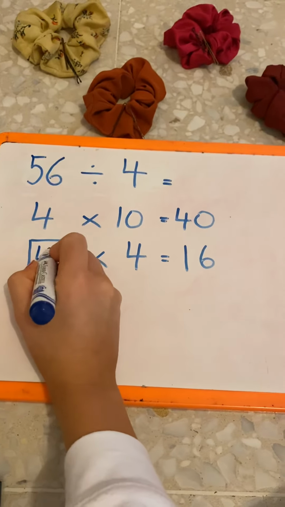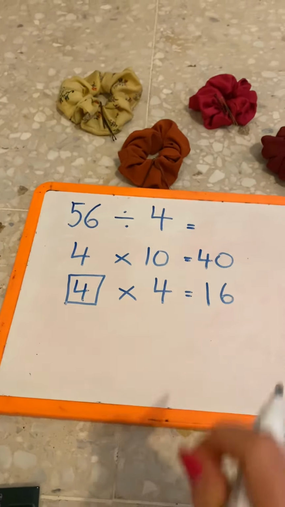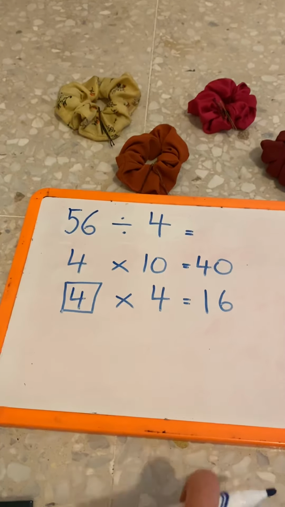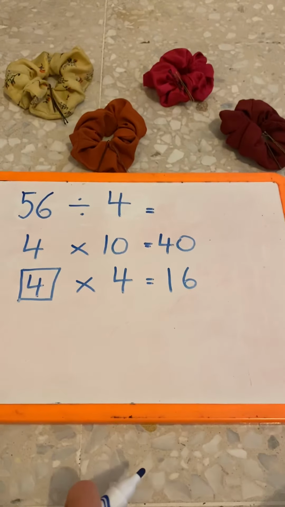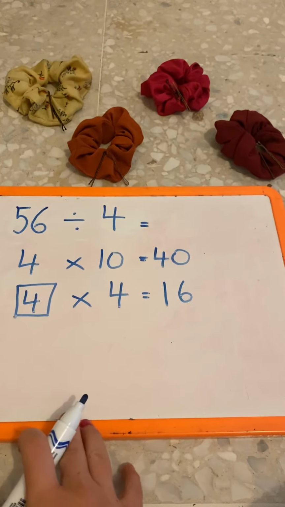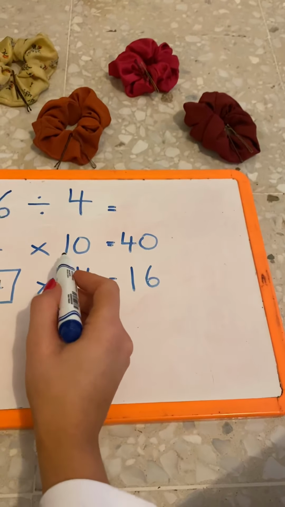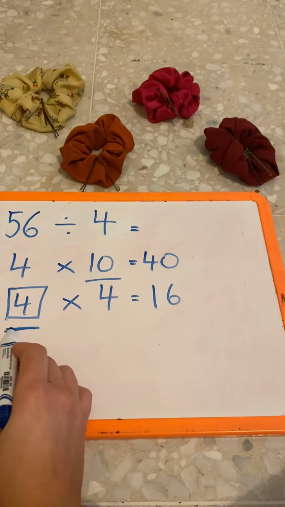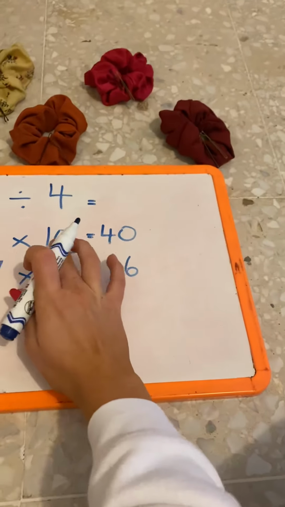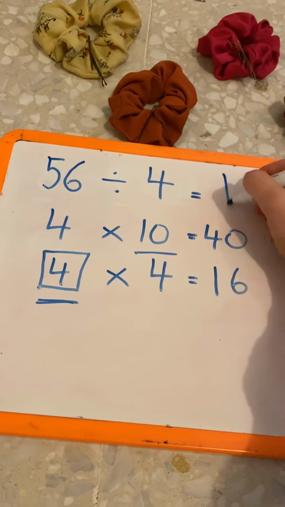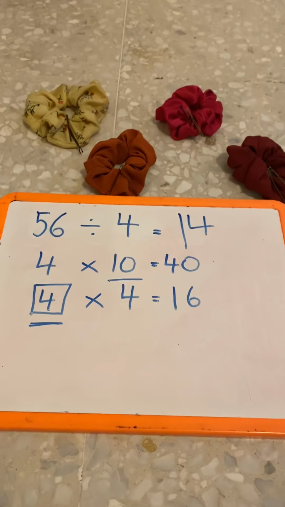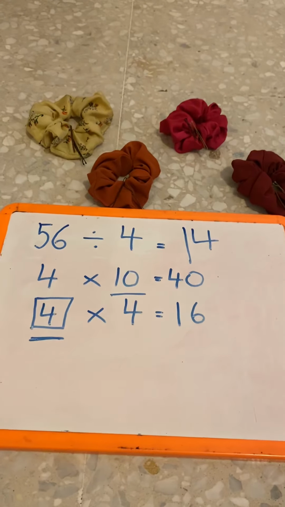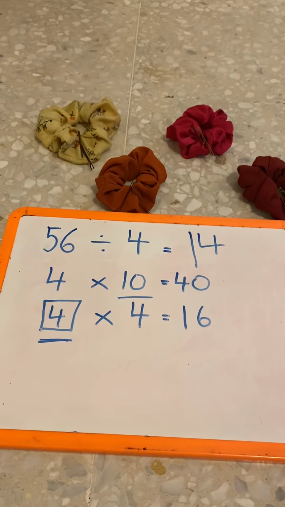You're right. 4 times 4 equals 16. Well done. I knew we all knew our tables really, really well. So our last step then. We see that we have multiplied 4 by 10 and we have multiplied 4 by 4. And we know 10 plus 4 is 14. So when we divide the number 56 into 4 groups, there will be 14 in each group.